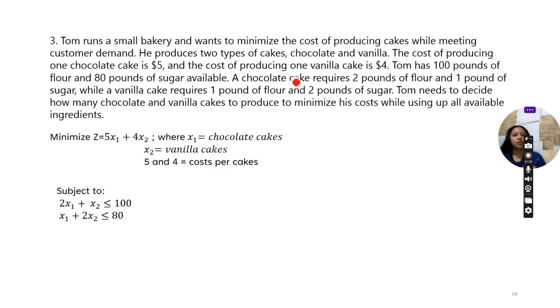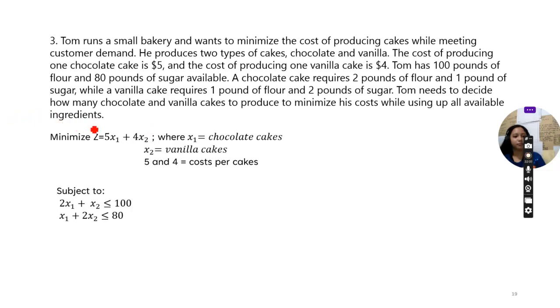Tom has 10 pounds of flour and 80 pounds of sugar available. The chocolate cake requires 2 pounds of flour and 1 pound of sugar, while a vanilla cake requires 1 pound of flour and 2 pounds of sugar. Tom needs to decide how many chocolate and vanilla cakes to produce to minimize his cost while using up all available ingredients.